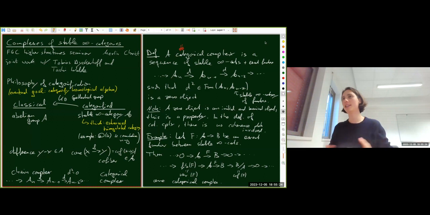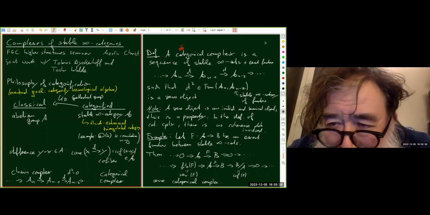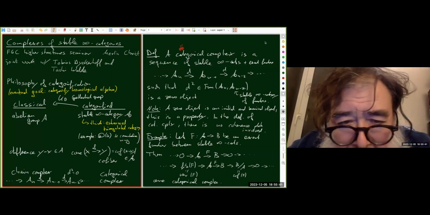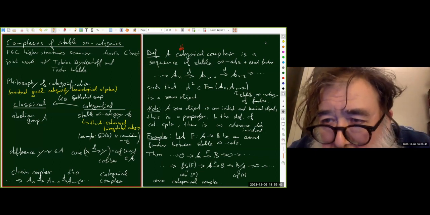Categorification is somehow a mathematical principle where we go from numbers to vector spaces, and then maybe from vector spaces to categories. There are many examples, but in every case it's an interesting question of how you categorify. And it seems that there is no unique categorification.